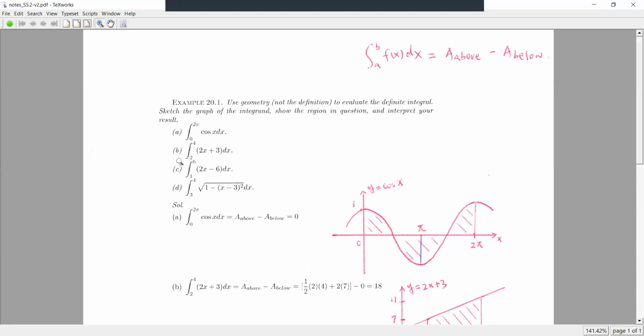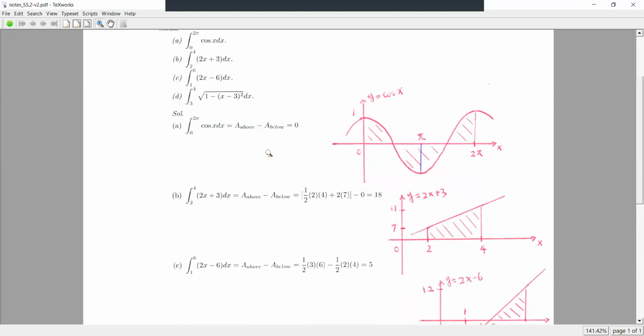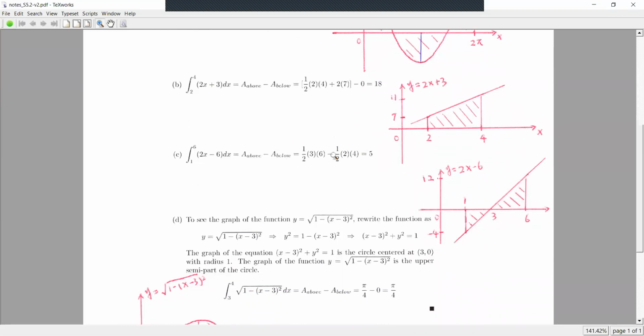Now, B. Find the value of this integral. The integrand is 2x plus 3. Now, let me plot the graph of 2x plus 3. The graph is a line.